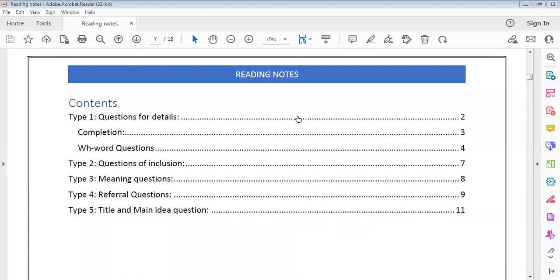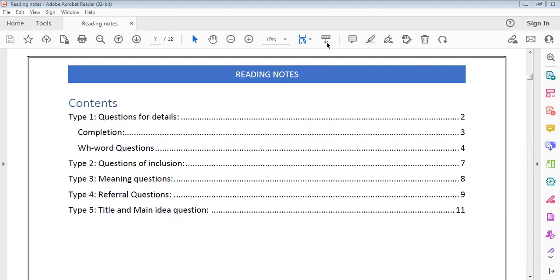As you see on my screen here, we have 5 types. Questions for details. These questions comprise 2 types. Completion: we need to complete the sentence according to the passage.